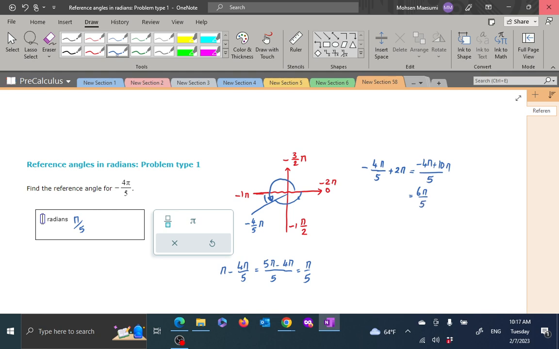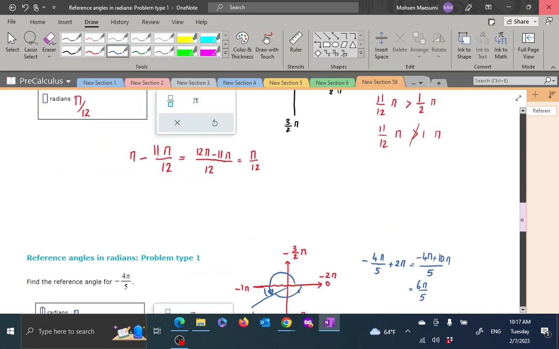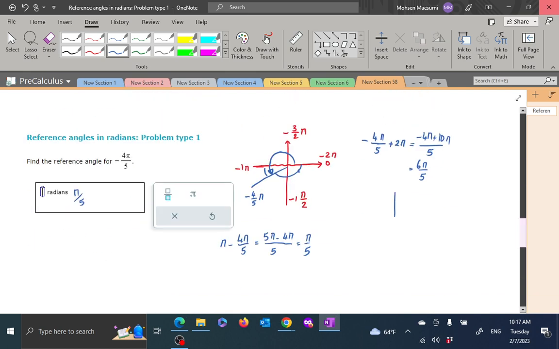6 pi over 5. Then I can do it like I was doing in these previous problems. Obviously we are past 0, past 1/2 pi, past pi because 6/5 is more than 1. Are we past 3/2 of pi? Let's compare 6 pi over 5 versus 3/2 of pi. How do I compare it?